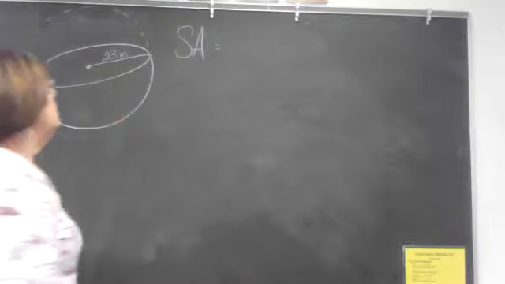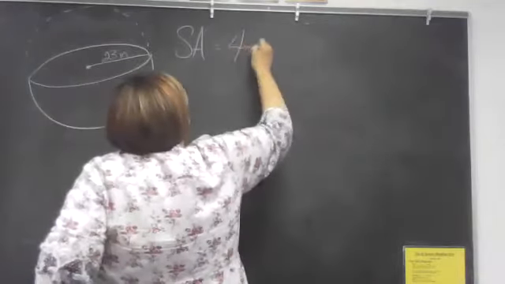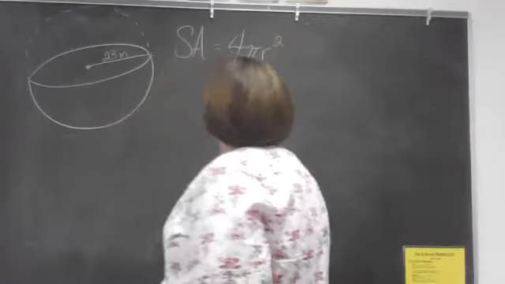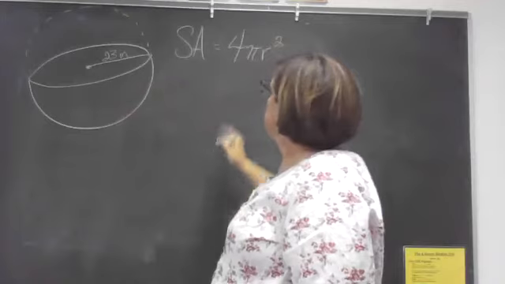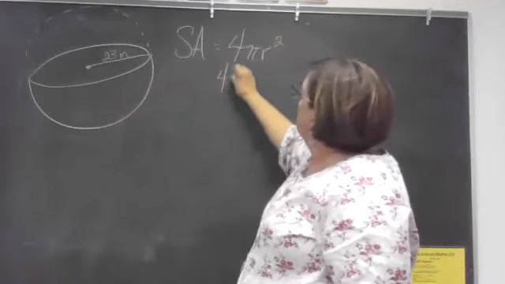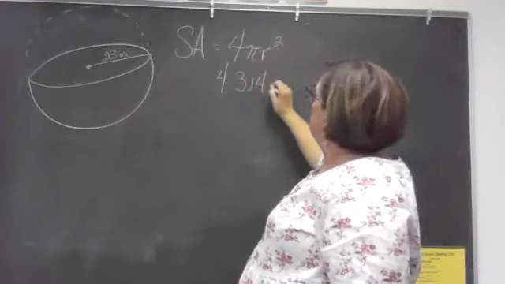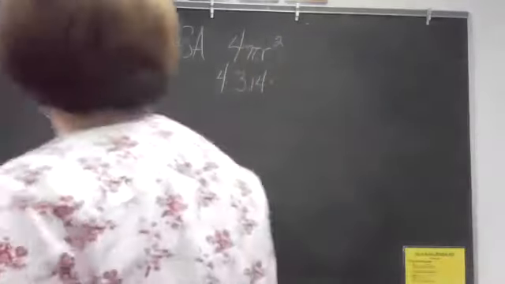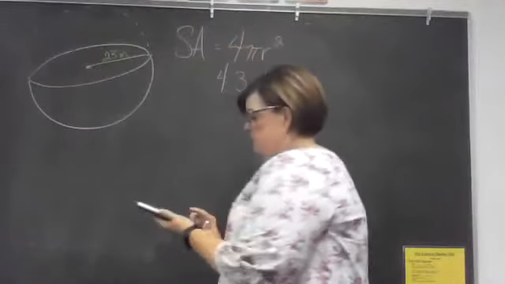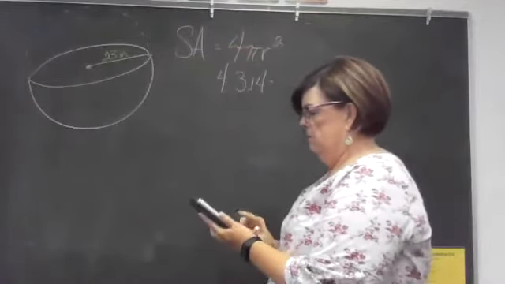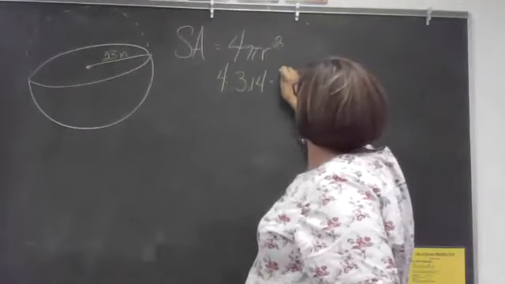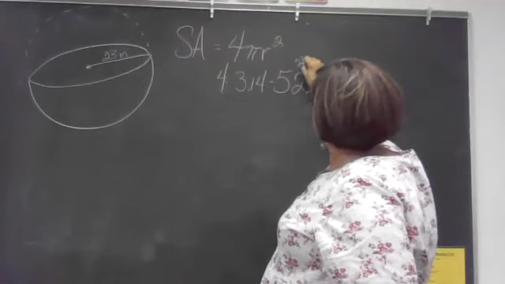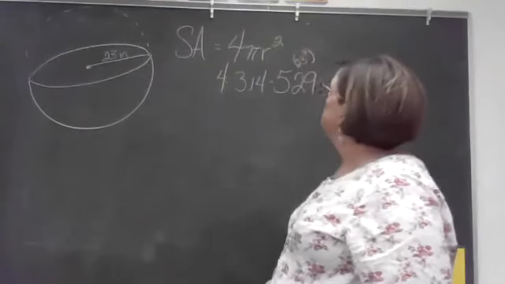So the surface area is 4 pi r squared. 4 pi r squared is the surface area. And so in this case, I have 4 times 3.14 times, get the calculator, 23 squared, sorry. This is 23 squared. That's what I found.